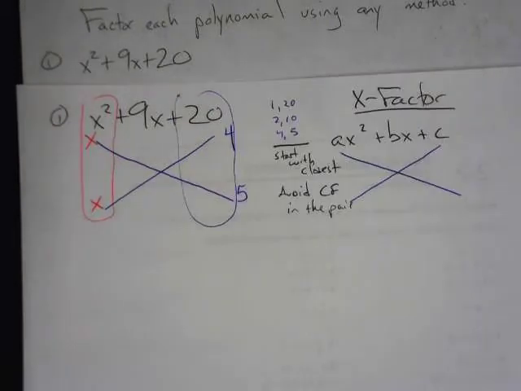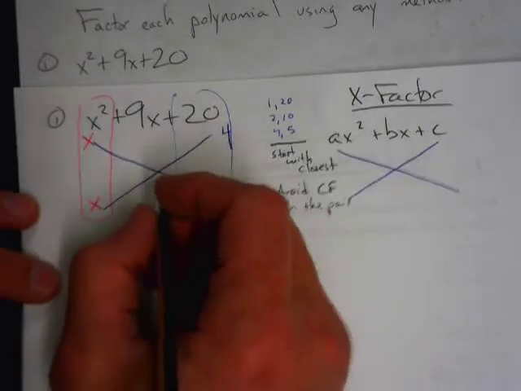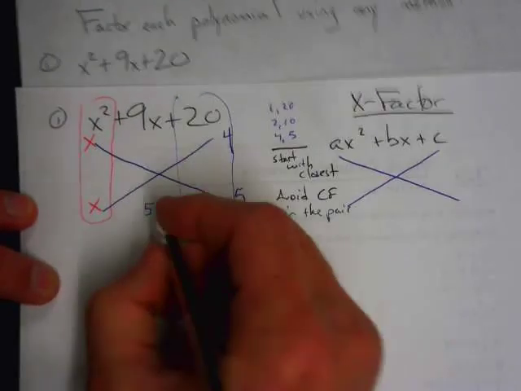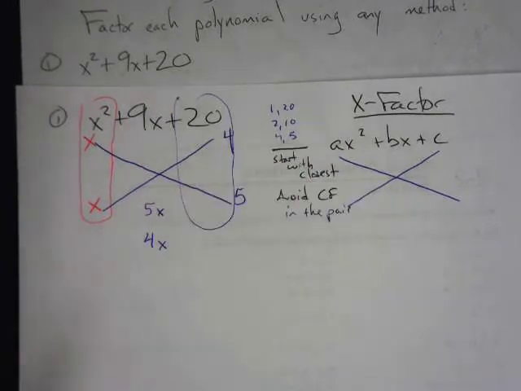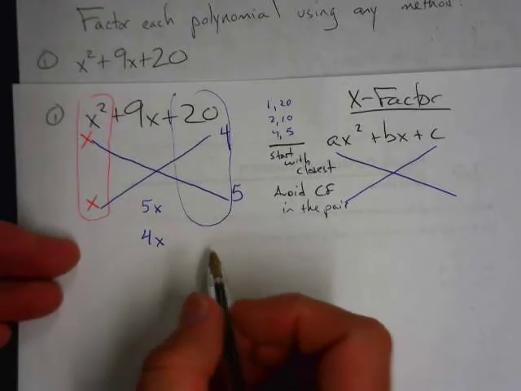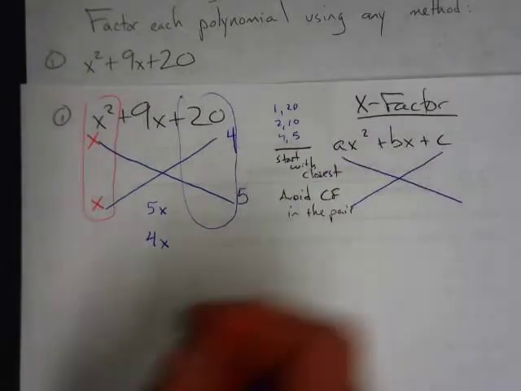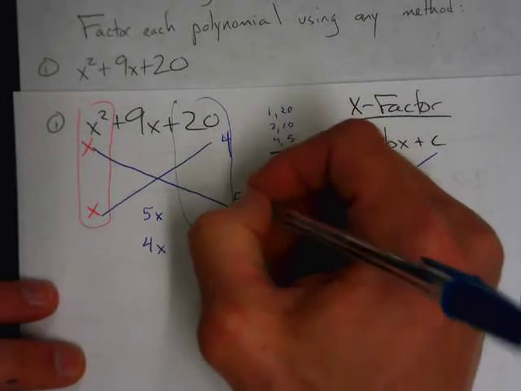Now we run the test. We multiply across the x, so we have 5x across one way and 4x across the other way. Notice I haven't dealt with signs at all. Since this is a positive 20, the numbers are either both positive or both negative.